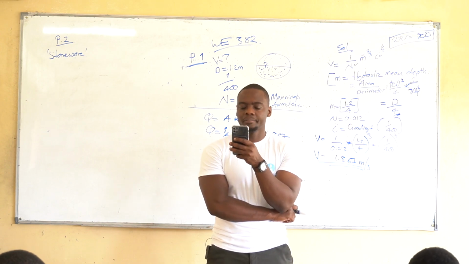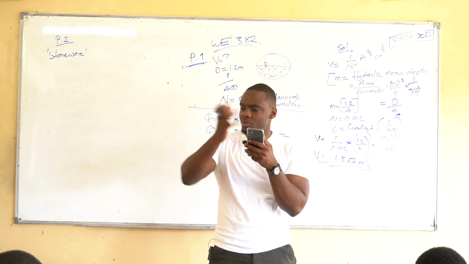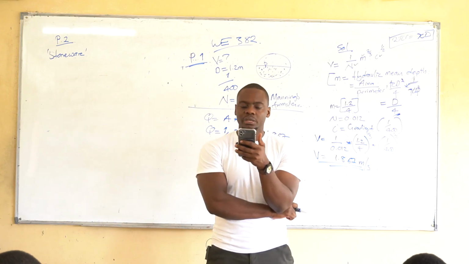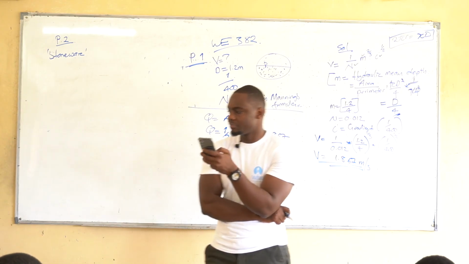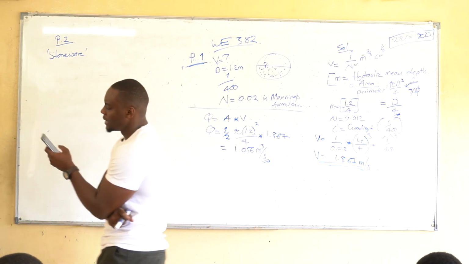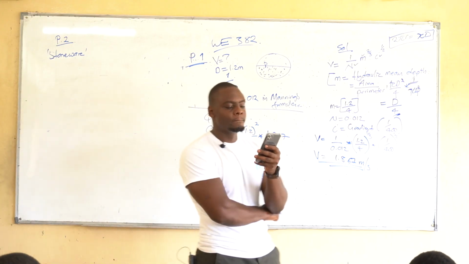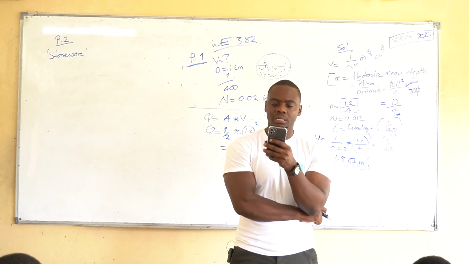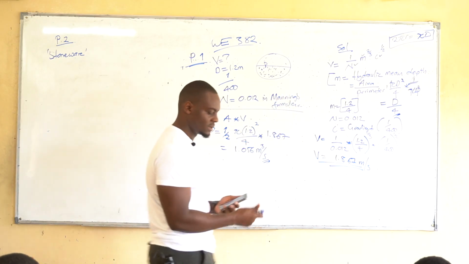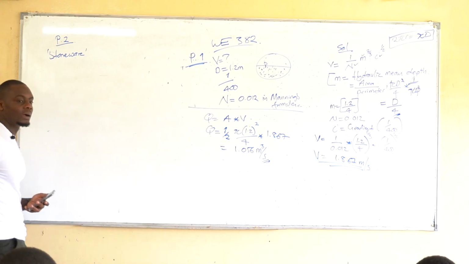Assume capital N equal to 0.013 in Manning's formula.